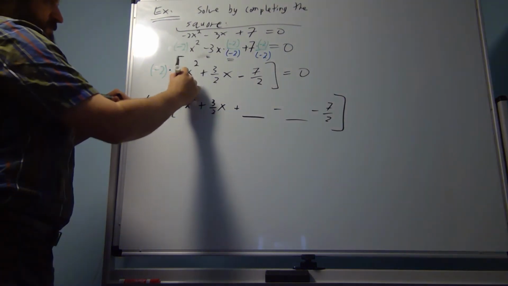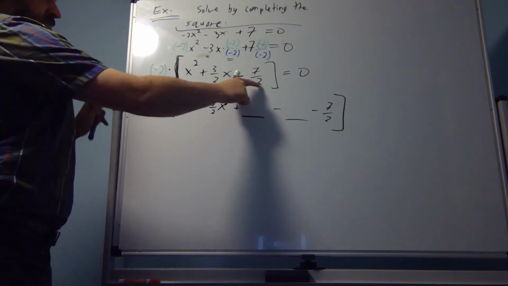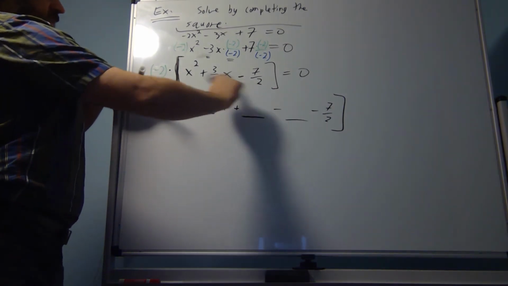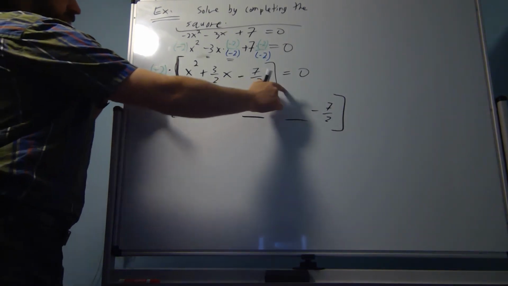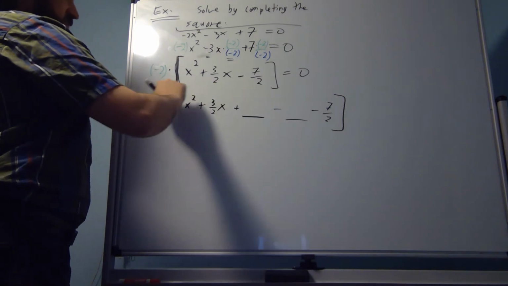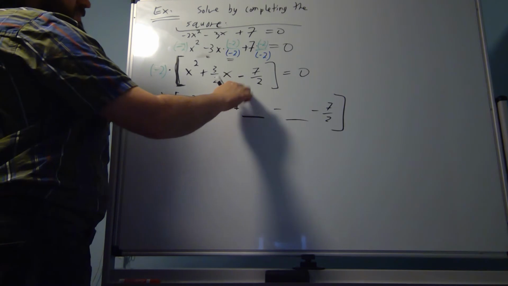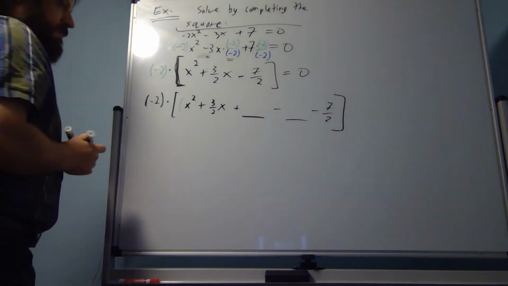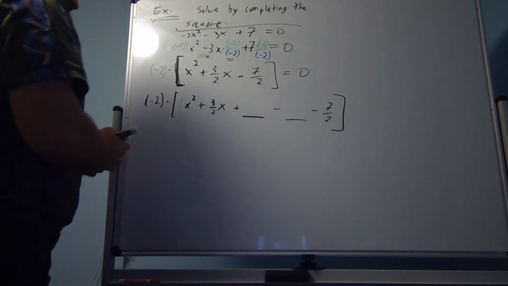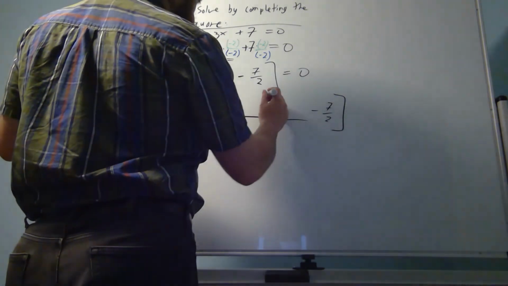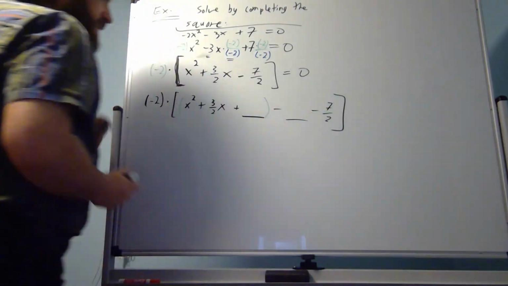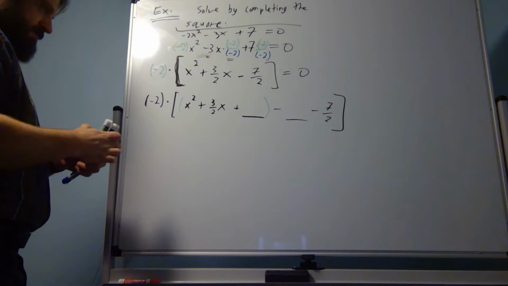So that's this negative 7/2. It's still inside the square brackets because I haven't done anything yet. If I wanted it on the outside, there's a way I could do that, but I'm just going to group it on the inside.